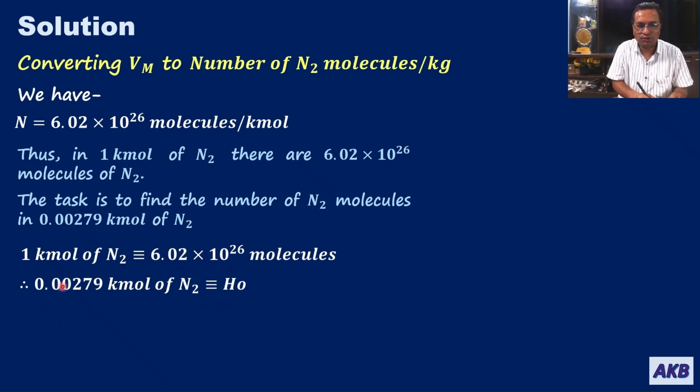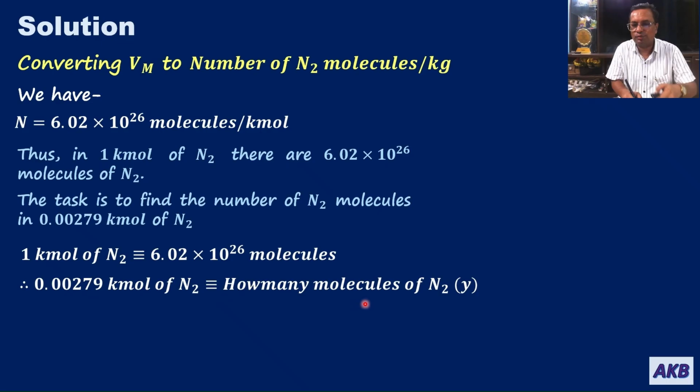Therefore, 0.00279 kilomole of nitrogen is equivalent to how many molecules of N2? Let us say it is Y. We have to get Y. So I'll be doing cross multiplication. 1 into Y is equal to 0.00279 into 6.02 into 10 to the power 26.